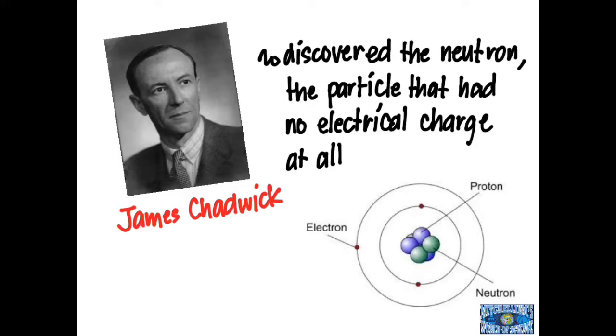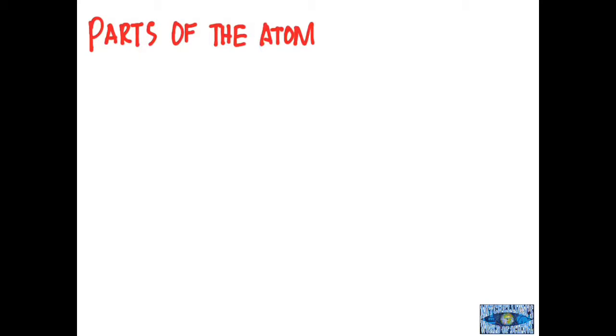The positive charge in the nucleus was thought to come from the protons, which is here, that were about the same size and mass as the neutron. So the negatively charged particle is the electron, and the one without the charge is the neutron, discovered by James Chadwick in 1932. Now let's discuss the parts of the atom.